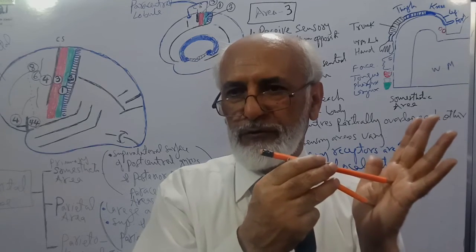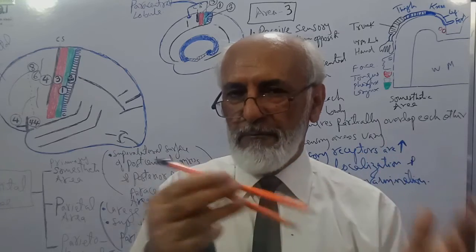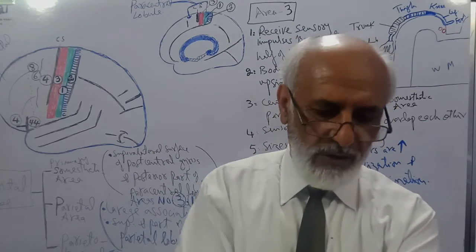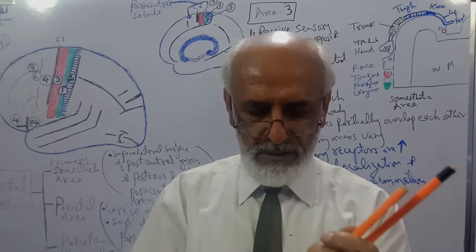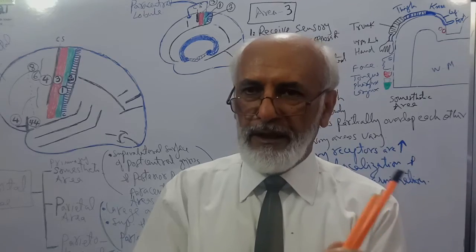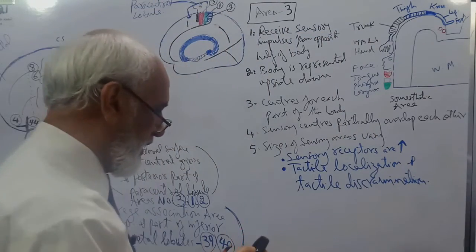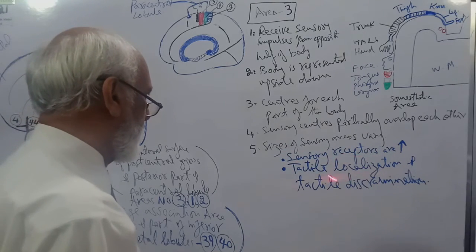So tactile localization and tactile discrimination. In some parts of the body, the tactile localization and tactile discrimination is more sharp as compared to the other areas. So this is another factor for which the sizes of the sensory centers vary.